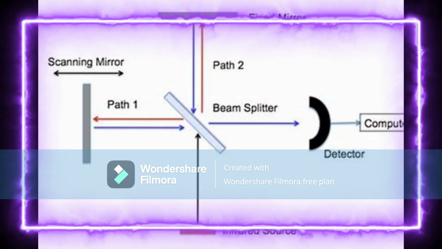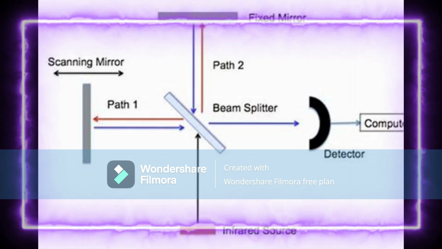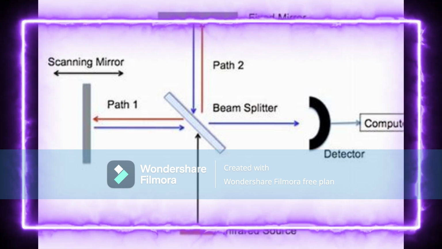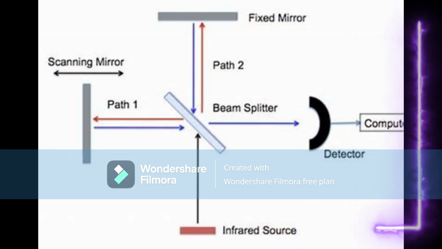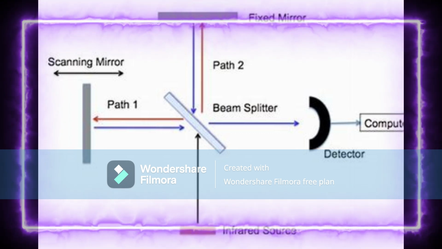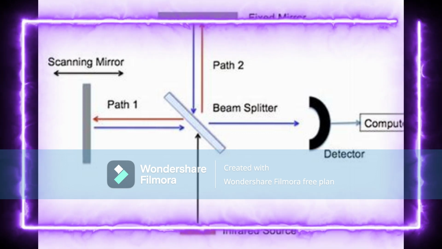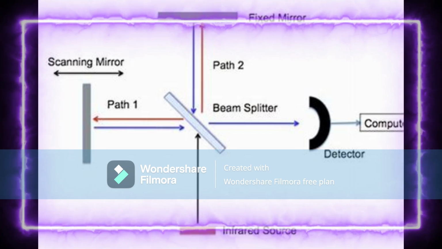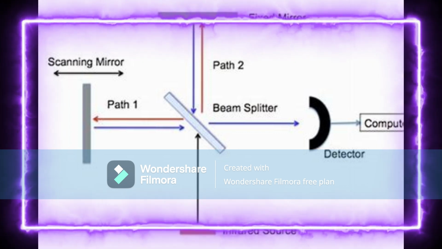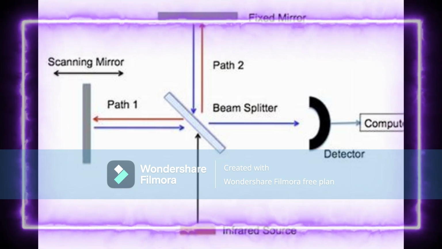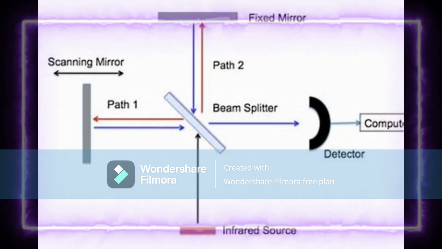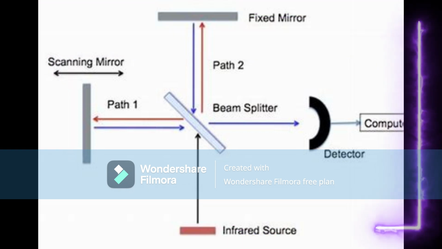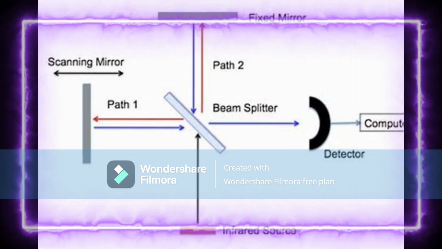Most interferometers employ a beam splitter which takes the incoming infrared beam and divides it into two optical beams. One beam reflects off a flat mirror which is fixed in place. The other beam reflects off a flat mirror which is on a mechanism which allows this mirror to move a very short distance, typically a few millimeters, away from the beam splitter.